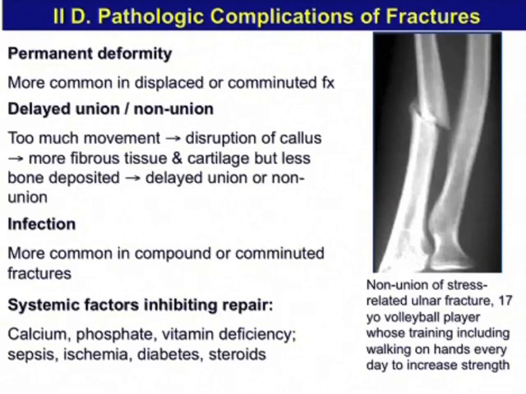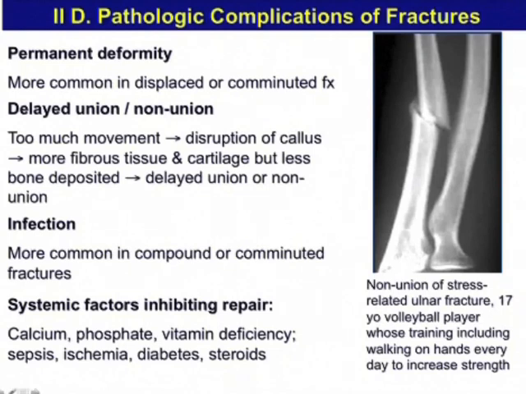So the reason you have to cast a fracture is because you want that soft tissue callus to actually mineralize and form that bony callus. If you don't do that, if the bone keeps moving, then there's not enough time for the callus to properly form, right?